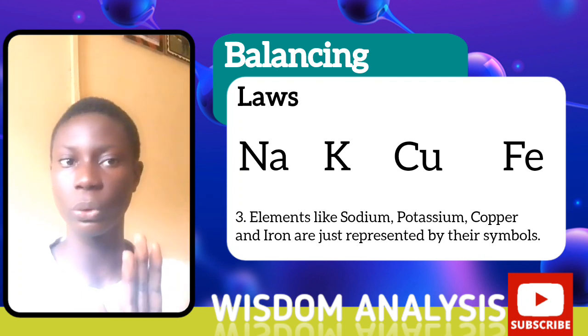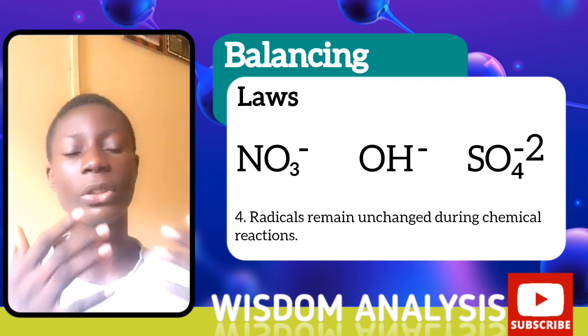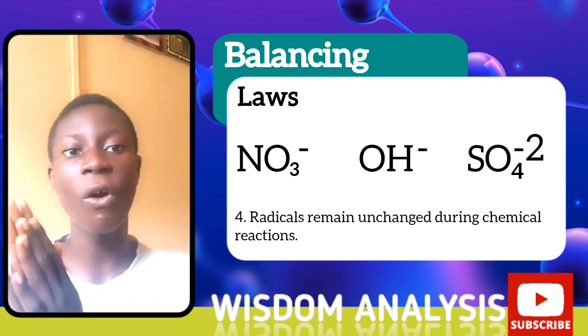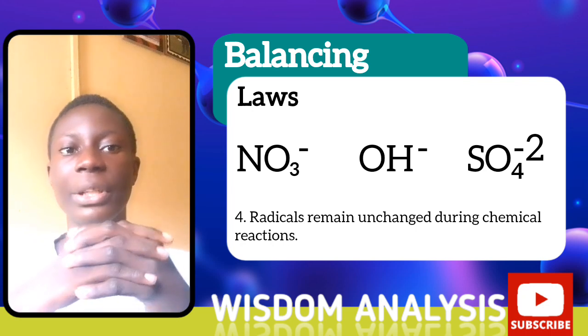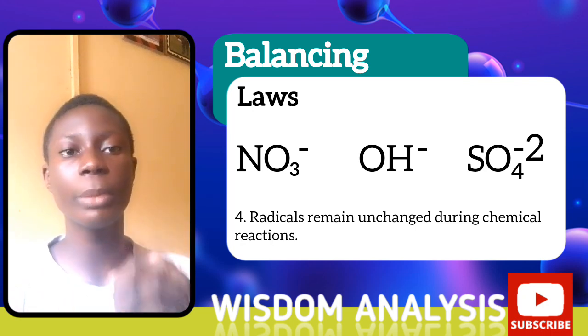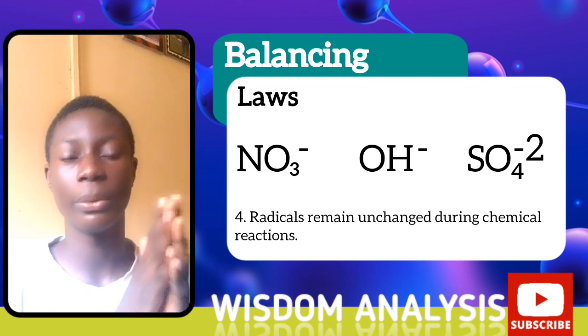If they are alone, they are not diatomic. Now, radicals remain unchanged before and after the chemical reaction. Radicals are groups of atoms that carry charges. Radicals remain unchanged before and after the chemical reaction.